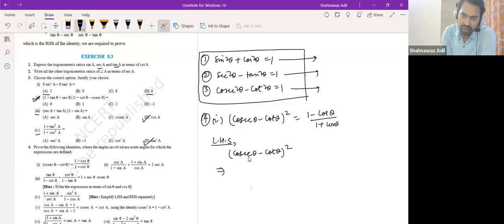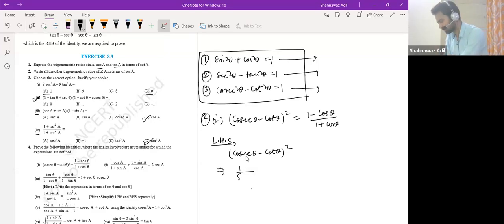What is cosec theta in terms of sine and cos? Cosec is the reciprocal of which function?